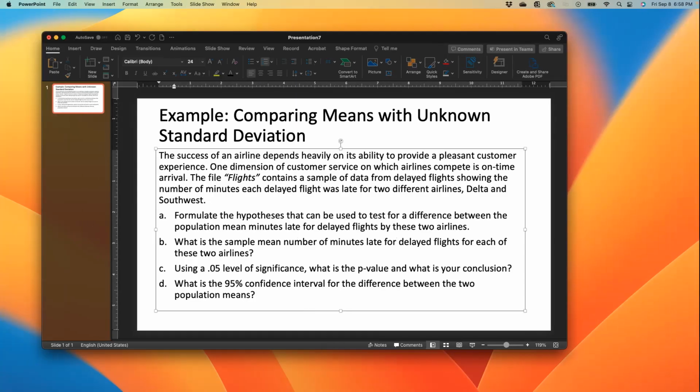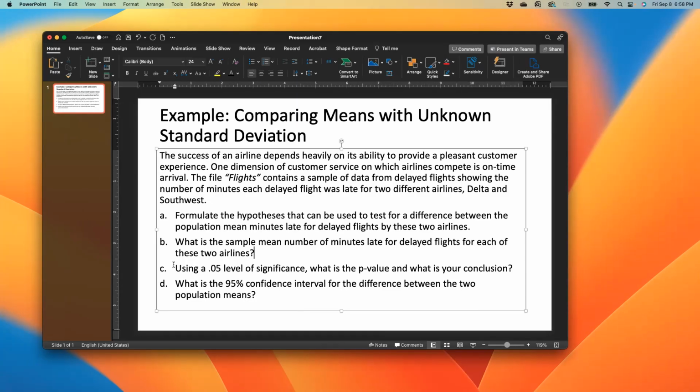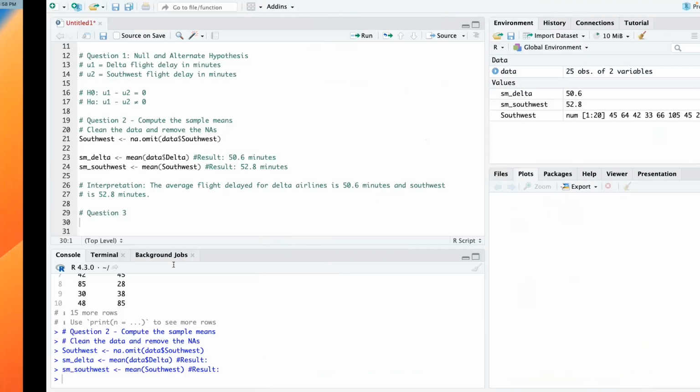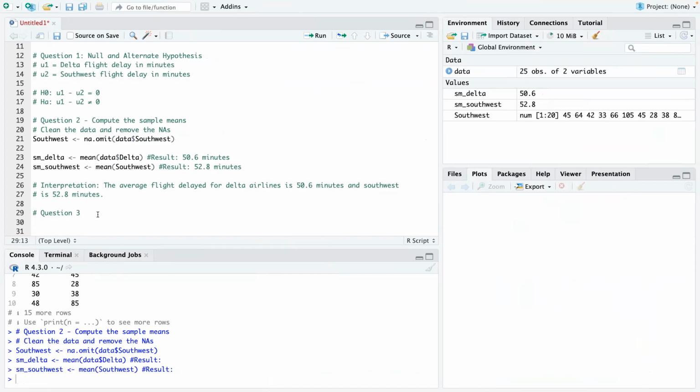So let's do question number 3, which is using a 0.05 level of significance. That's our alpha. It's asking us to do the hypothesis testing now. What is the p-value and what is your conclusion? Okay, so now we have to perform the hypothesis test.